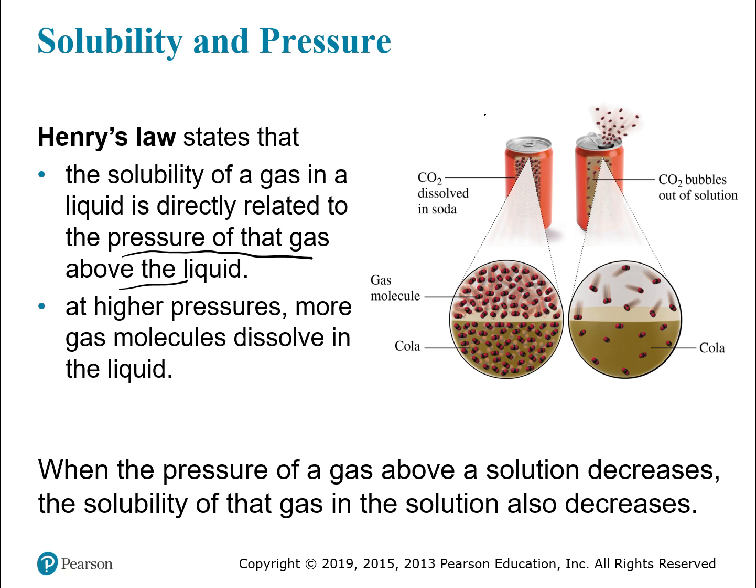You open the can, all of that gas is gone. So the carbon dioxide in the soda is like, hey, I want to be free too. I'm going to join my friends. And it liberates itself. So now you've got a lower concentration of gas above the liquid, and that also means a lower concentration in the liquid, and your soda is going to be flat.